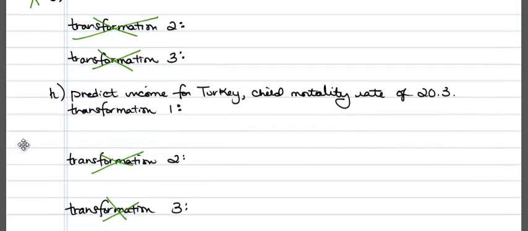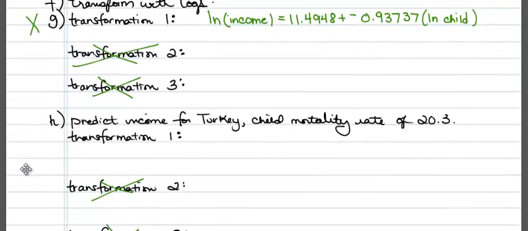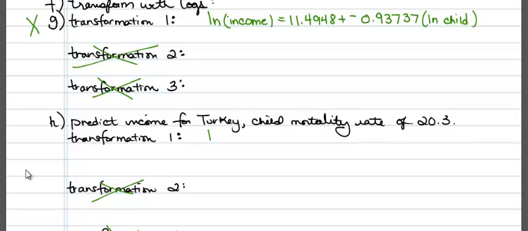More scattered, more accurate. So transformation number 1, I'm trying to predict the income. So that's my variable still. But I have all this information. I'm going to change this to a minus because I just don't ever keep plus or minus like that. Times the natural log of 20.3.